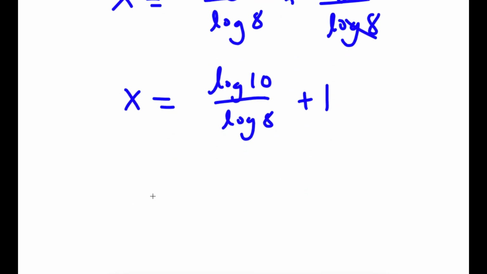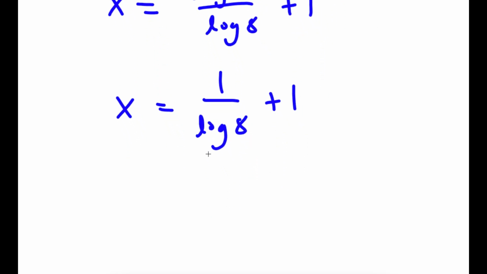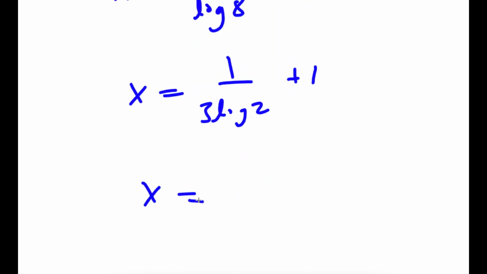And log 10 is also 1, so I have x is equal to 1 over log 8 plus 1. So log 8, that's the same thing as 3 times log 2, which is equal to 2.1074.